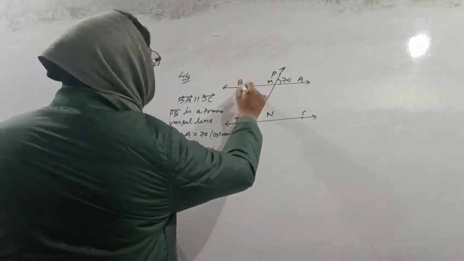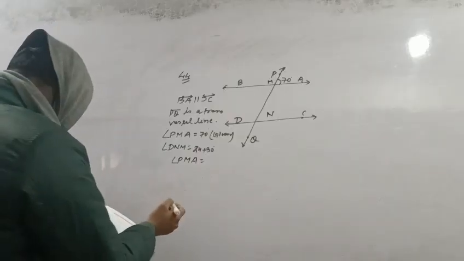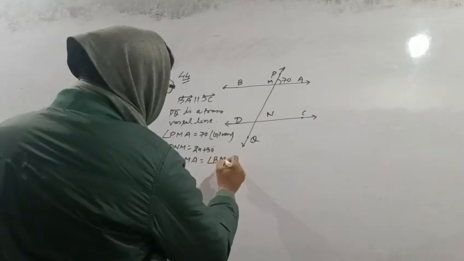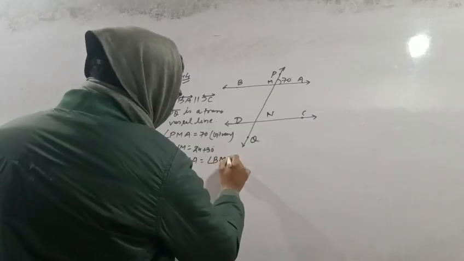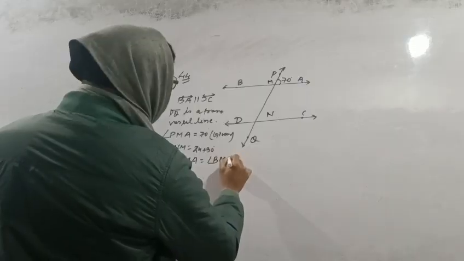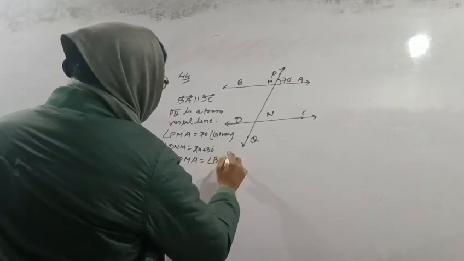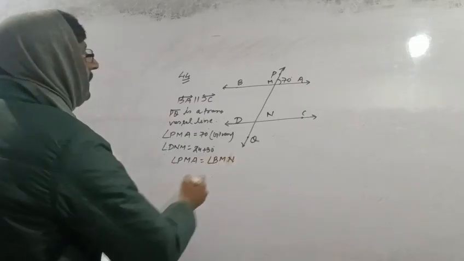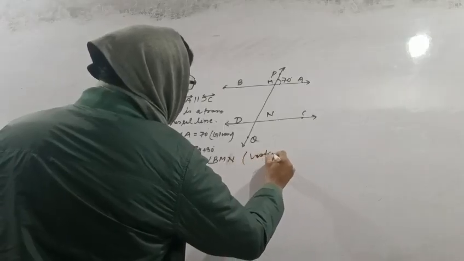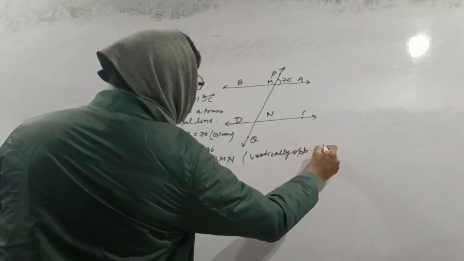is equal to angle BMQ, clear? BMQ, BMN, vertically opposite angles.